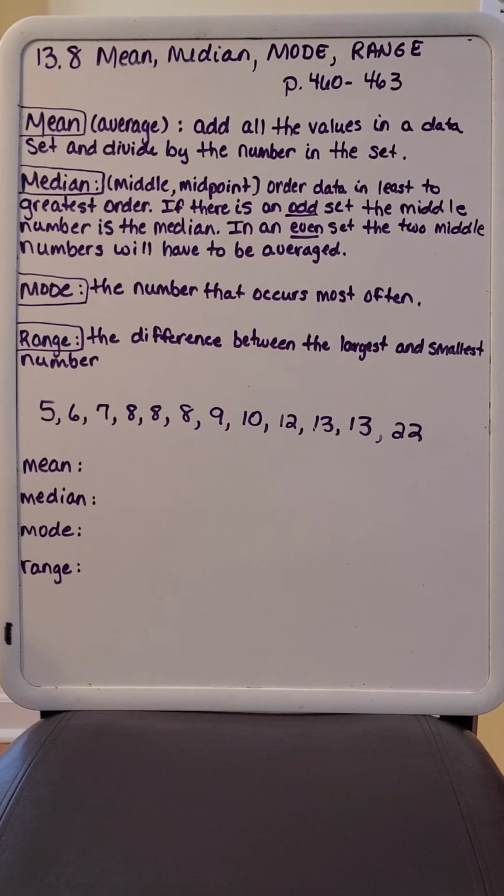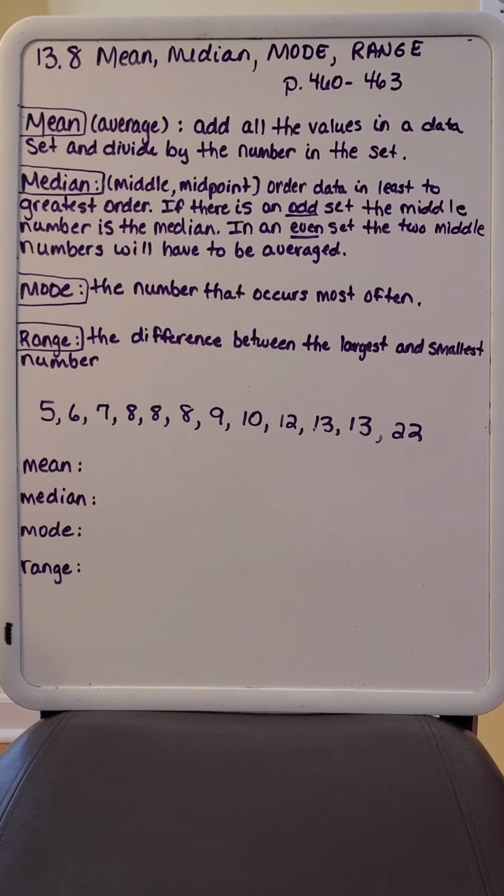Okay, this is the last video of the school year, 2019, 2020. Your last lesson is going to be basically a review of things that you learned in middle school probably and just need a refresher on. We are on lesson 13.8, which is on page 460 through 463.